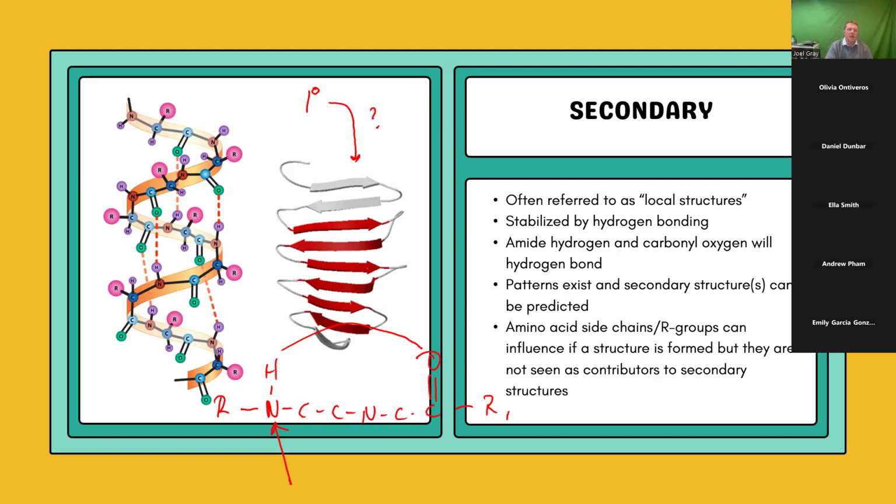Does it make these little local structures? Now, amino acid side chains or R groups can influence if a structure is formed, but they are not seen as major contributors to secondary structures. Instead, when it comes to secondary structure formation, the question is really, what's the distance of these different groups in the backbone?